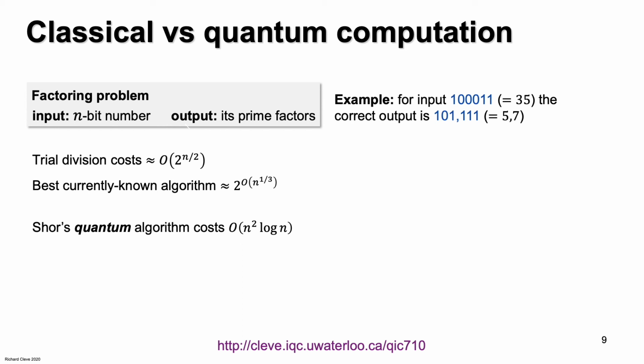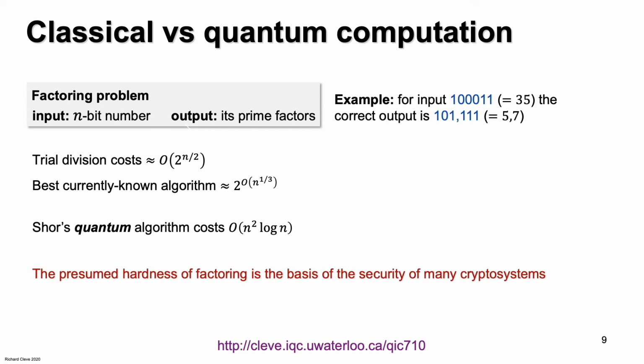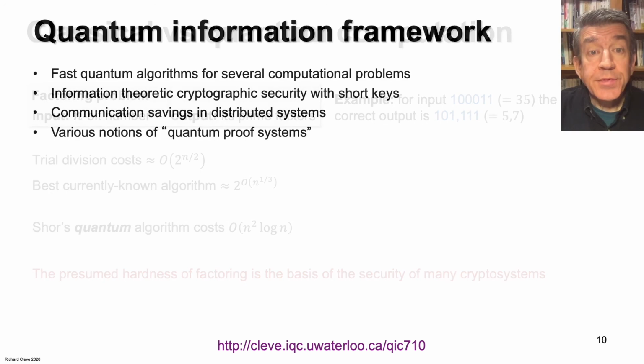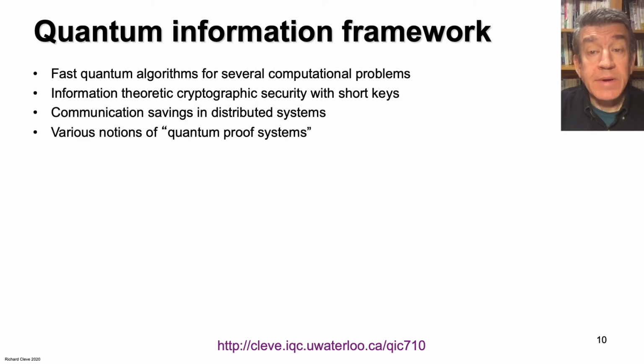Roughly, it's quadratic scaling. Since several crypto systems are based on the assumed difficulty of factoring, a practical quantum computer would impact cryptography in a significant way. This is one interesting example of an algorithmic application of quantum information processing.